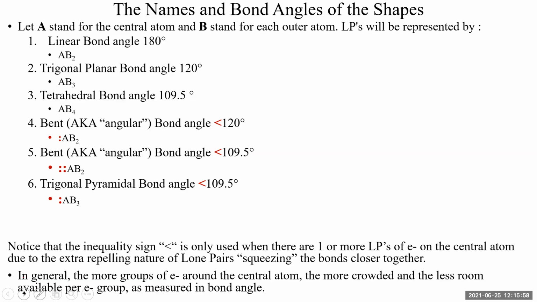So A stands for the central atom, and B stands for any outer atom and all the outer atoms, whether they're the same element or different elements. It doesn't really matter right now for the purpose of talking about geometry or molecular shape. The lone pairs are represented by a colon, because my keyboard does colons very well, but doesn't understand lone pairs. Okay, so A is the central atom, B is two or more outer atoms.